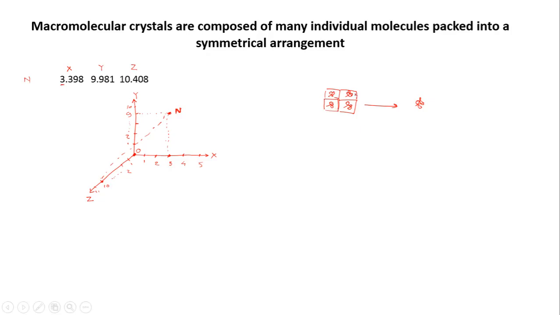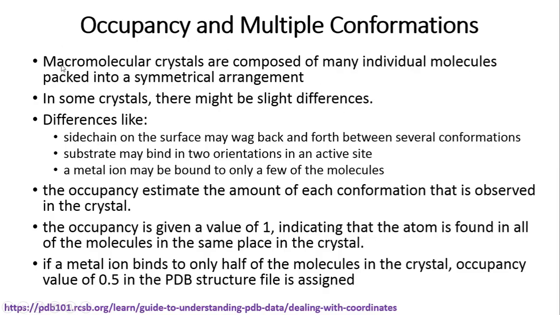Okay, so now here comes some more interesting facts. As I have said, macromolecular crystals are composed of many individual molecules that are packed into a symmetrical arrangement. Now, in some crystals, there might be slight differences, like side chains on the surface.